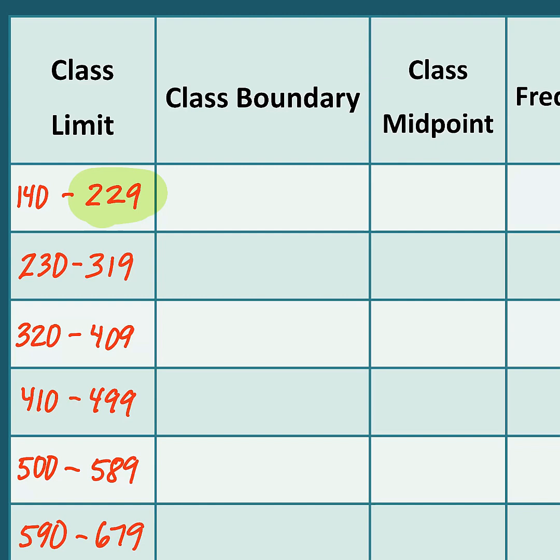And you will see in future lessons why this is useful. For now, follow my lead. And we end up getting 140 minus 0.5 is 139.5, up to 229.5.